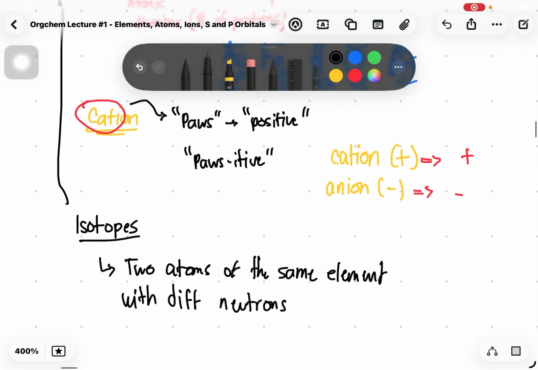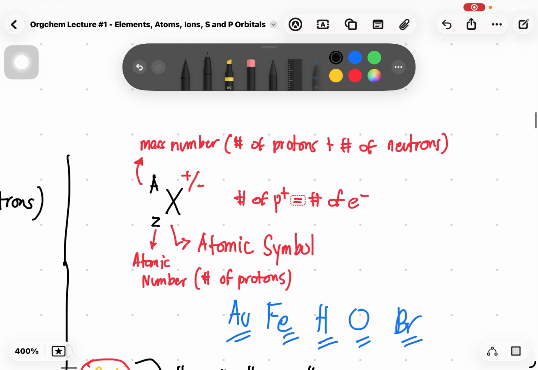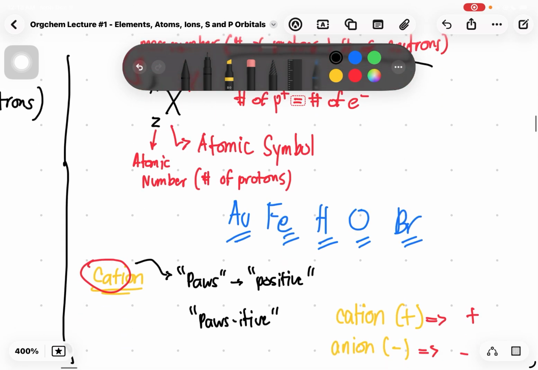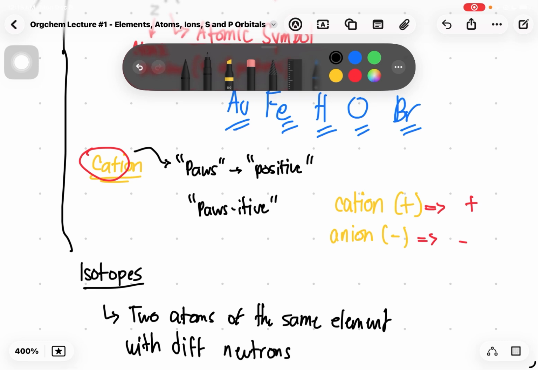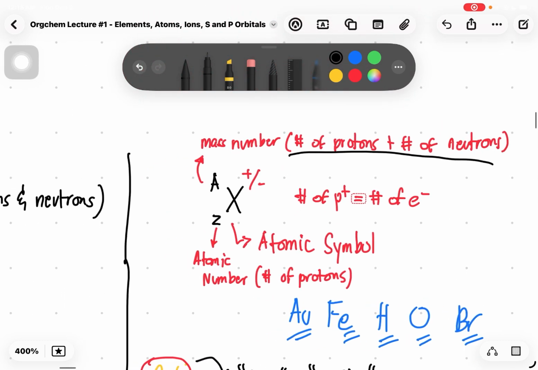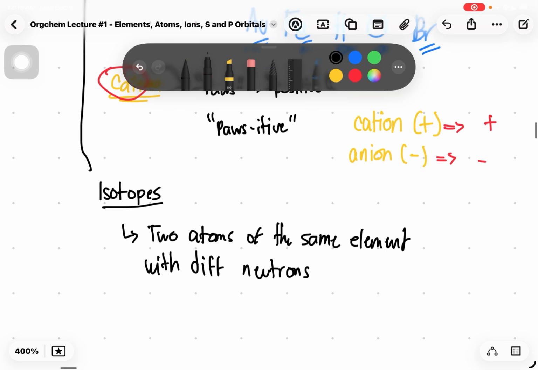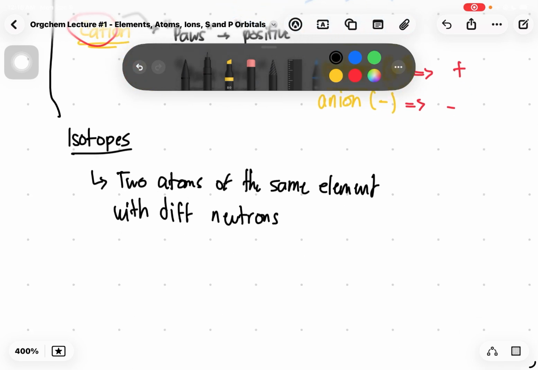And like I said earlier, the mass number is the number of protons plus the number of neutrons. The atomic weight of an element is basically the weighted average of each known mass of all of the isotopes of an element.